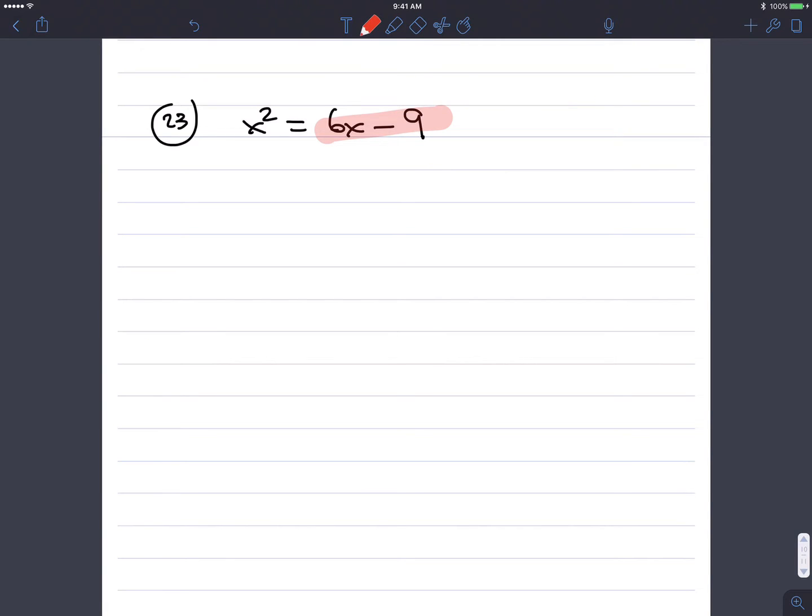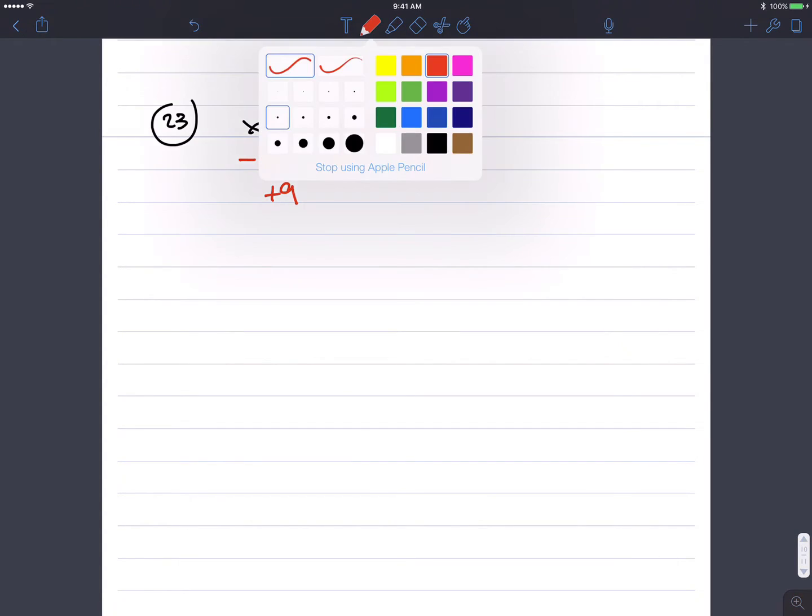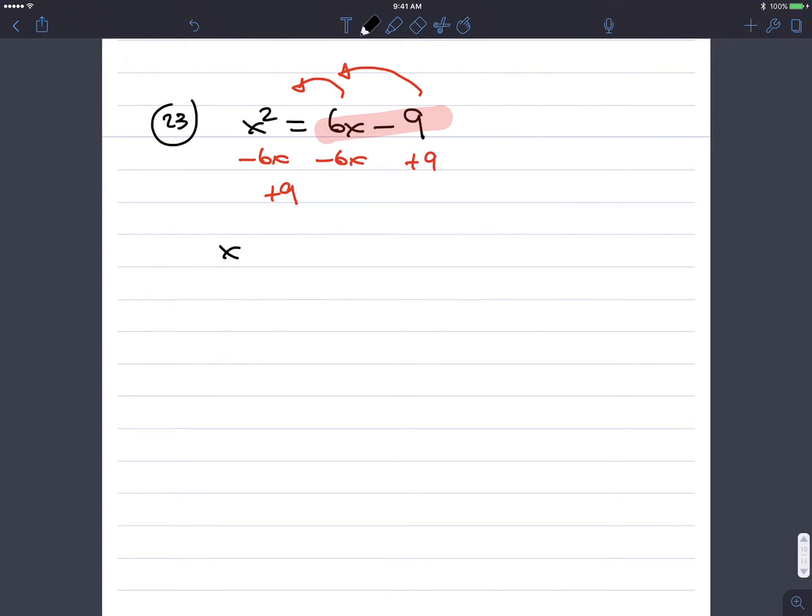So how do we make it 0? You can translate the terms, or subtract 6x from both sides, right? Or translate the 9, or add 9 to both sides. Now, what you have on the left side will be x squared minus 6x plus 9. And on the right side, now you have 0.